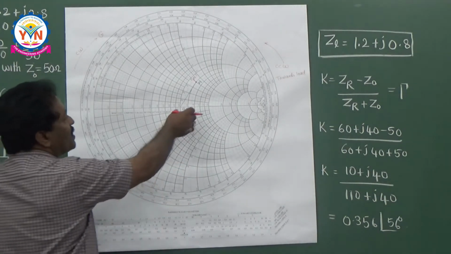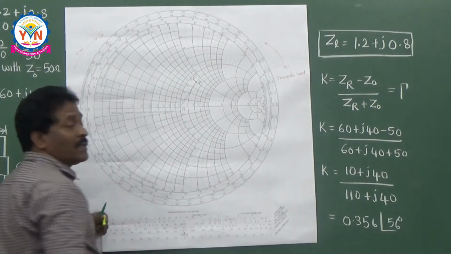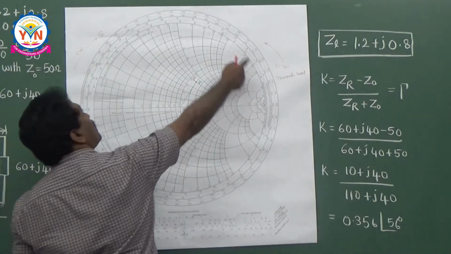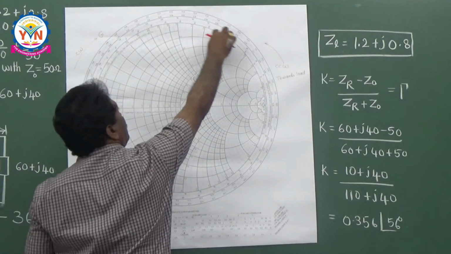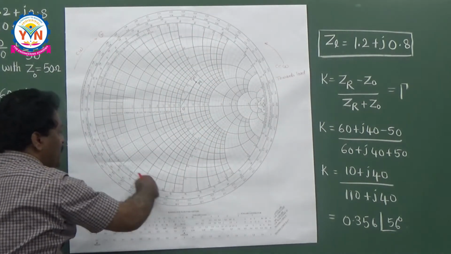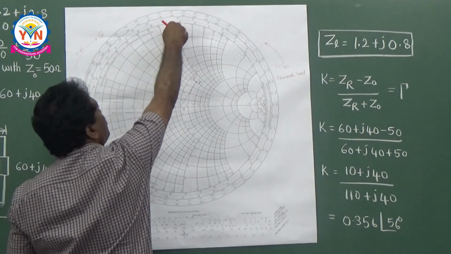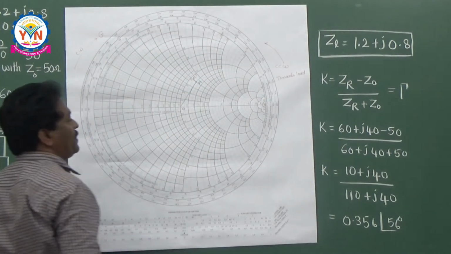Just elongate this line toward the periphery, because this is the total major circle, the unit circle. Within this circle only all the circles will be present.